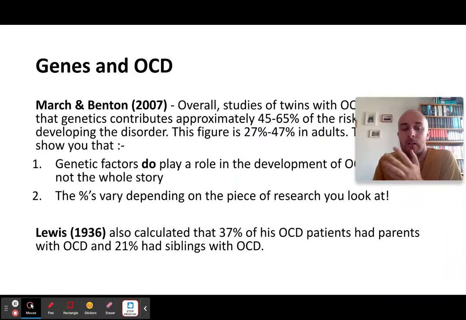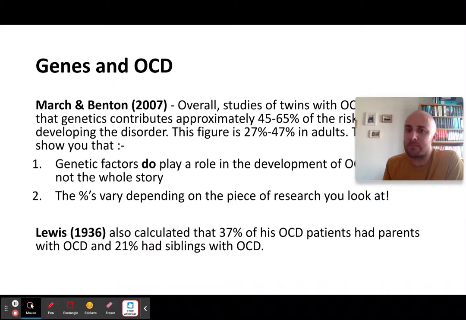Lewis, a very long time ago, calculated that 37% of his OCD patients had parents with OCD, and 21% had siblings with OCD. Now, on the face of it, and this is a good piece of research actually, because it demonstrates a flaw in this theory. On the face of it, there clearly is something genetic here, isn't there?